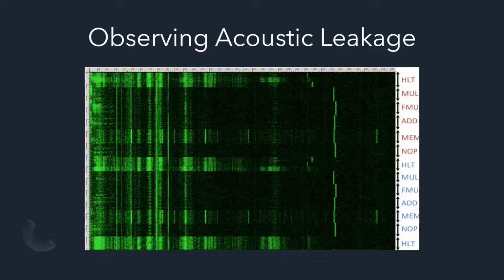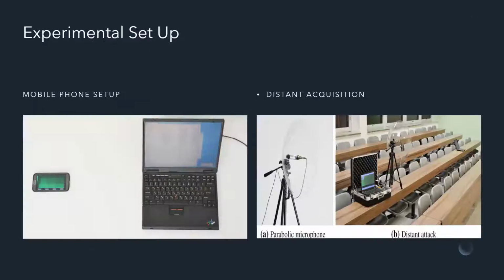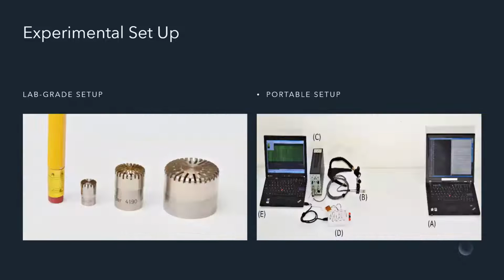If you look at the last HLT, it is easier for us to see a pattern in there. Some of the computing systems are not so consistent. They tend to become faint, but through that, we get the acoustic leakage based on the CPU operations going on. We collect this using our experimental setup: distant acquisition, mobile phone setup, portable setup, lab grade setup.